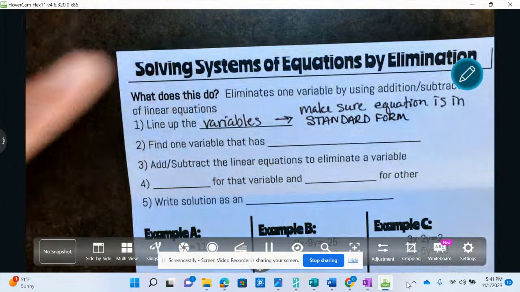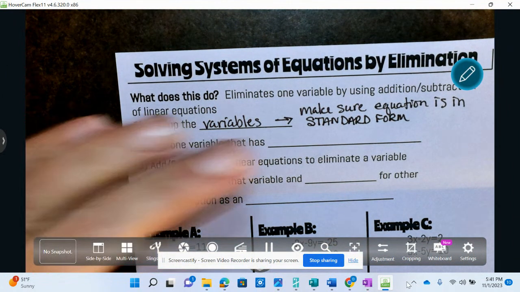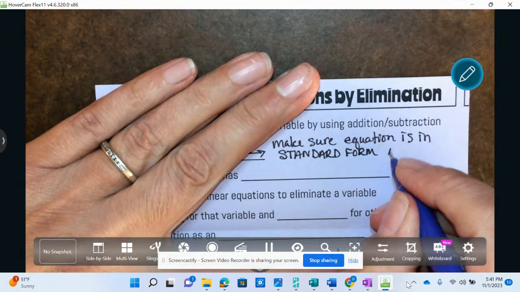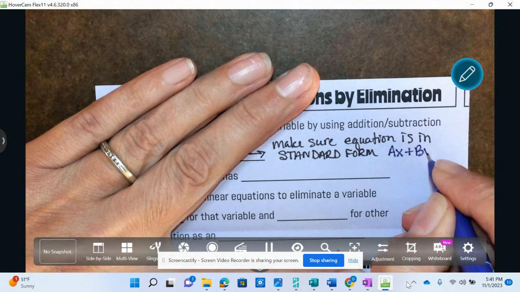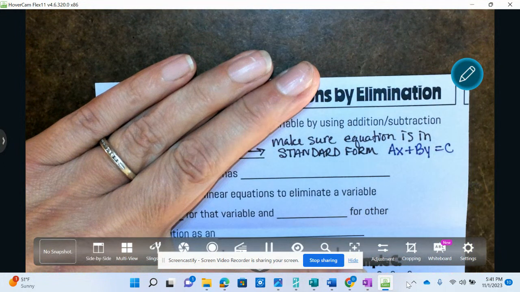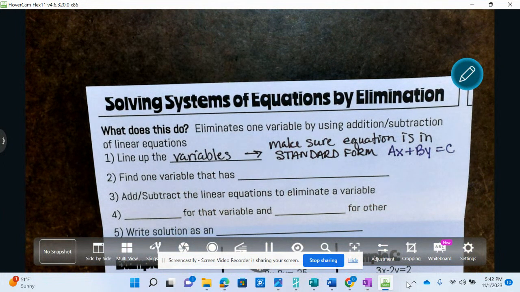Does anyone remember what standard form is? I know you're thinking. Standard form, capital A, X plus capital B, Y equals C. Remember, standard form, A, B, and C are integers, no, not fractions, okay?